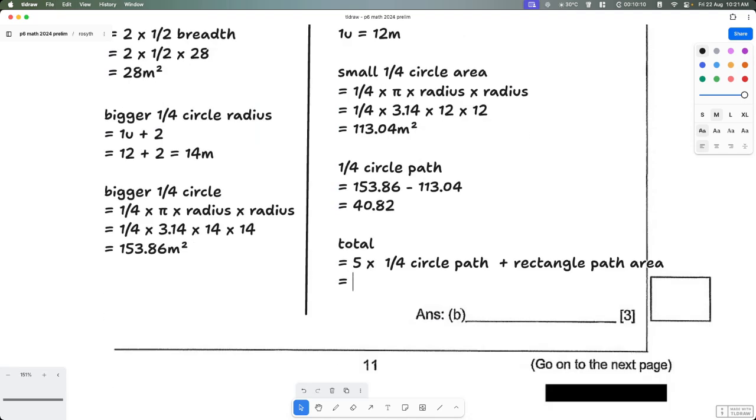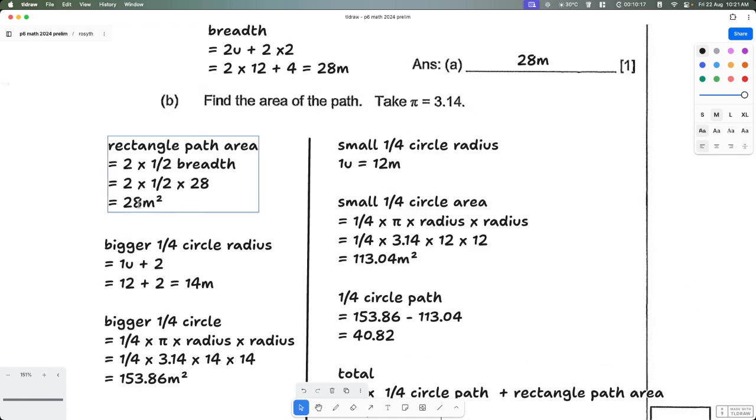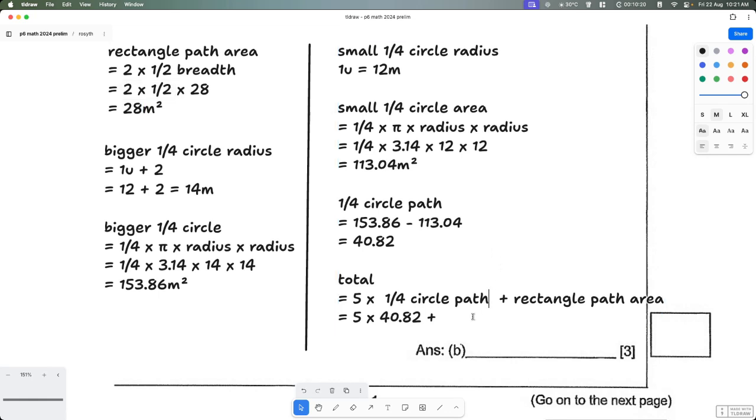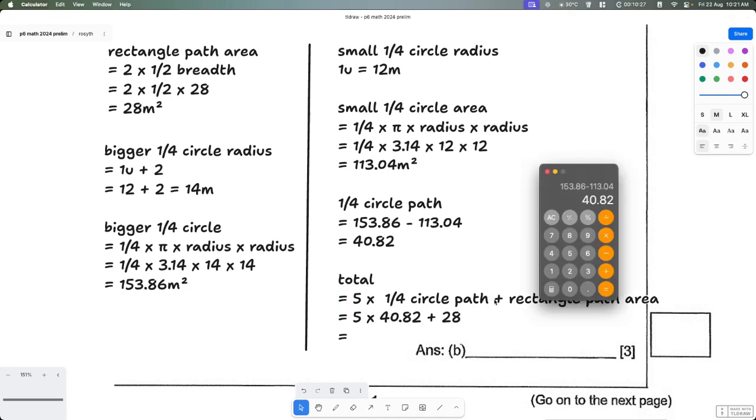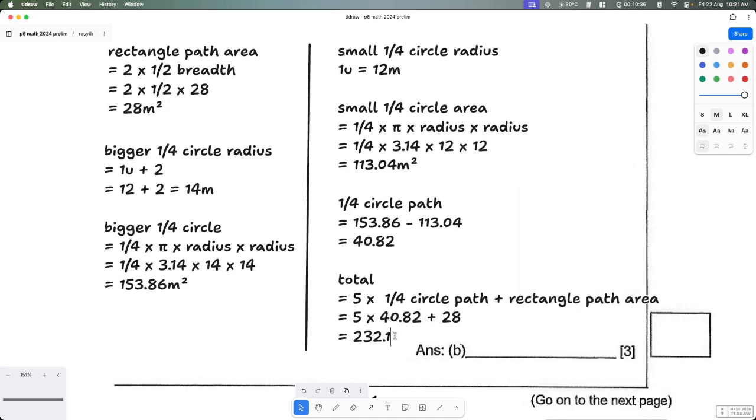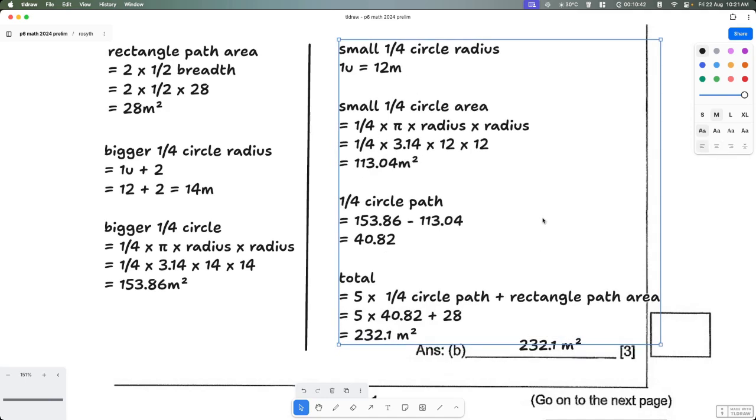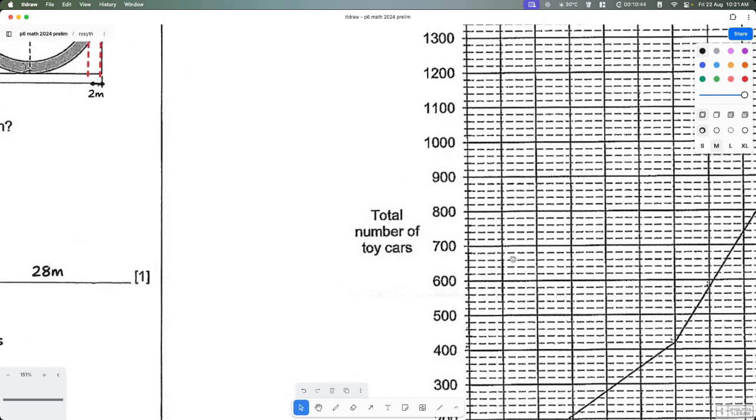Okay, and this is equal to 5 times 40.82 plus 28. So let's use the calculator. Multiply by 5 plus 28. And this will give you 232.1 meters square. Right, there you go. So that's your answer, 232.1 meters square. All right, let's move on to the next question.